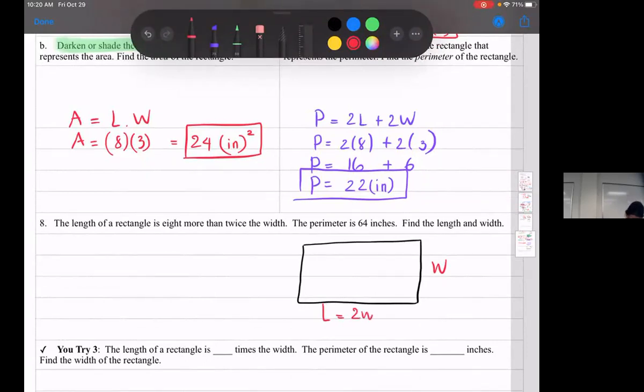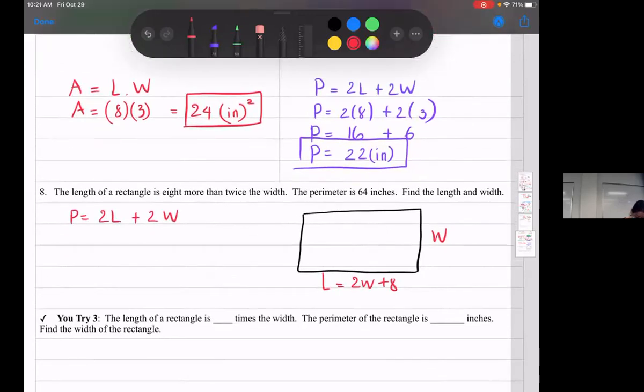Yeah, 2W plus 8. Find the length and the width. The perimeter is 64. So I know that P equals 2L plus 2W. The perimeter is 64, so the left-hand side is 64. 2W is 2W, but instead of L, I'm going to replace L with 2W plus 8.